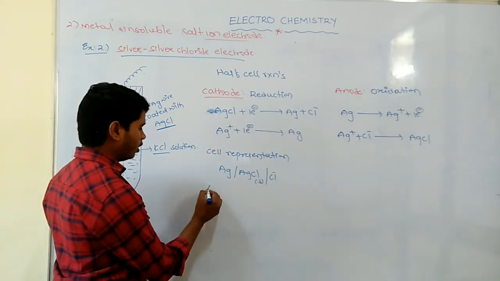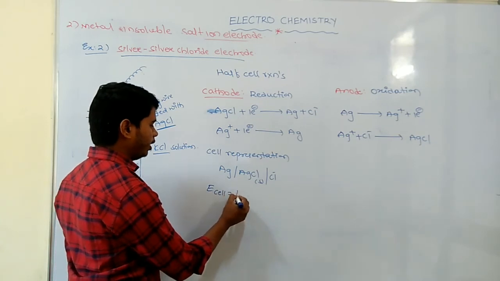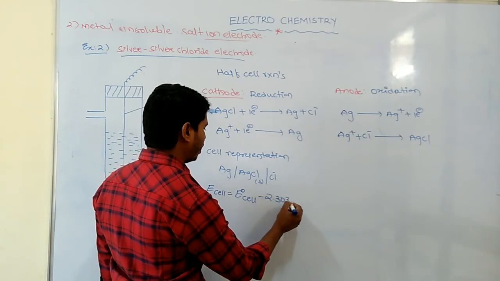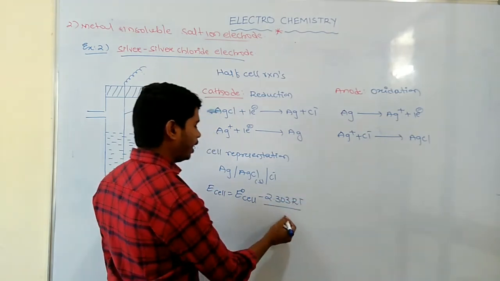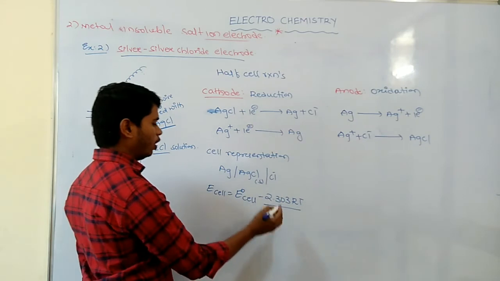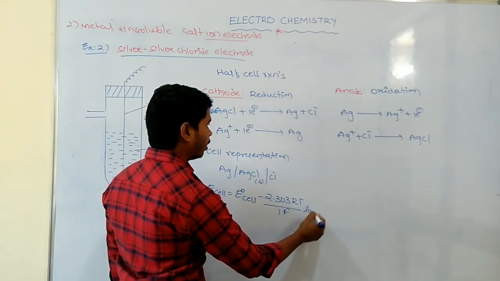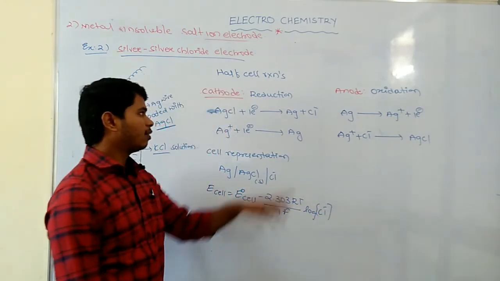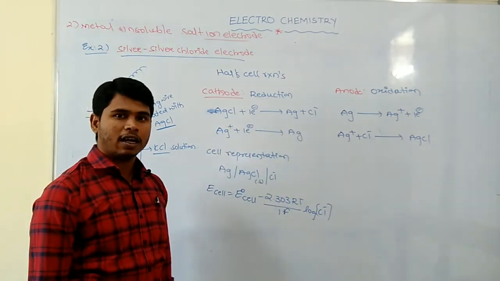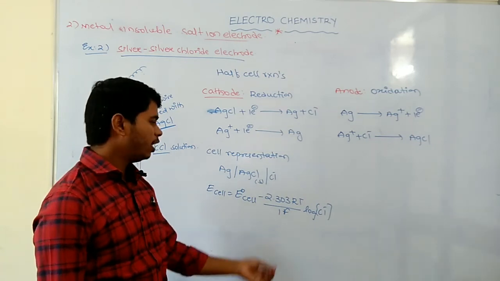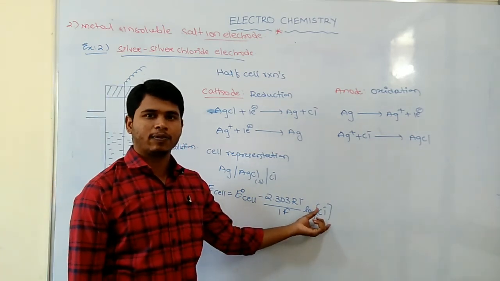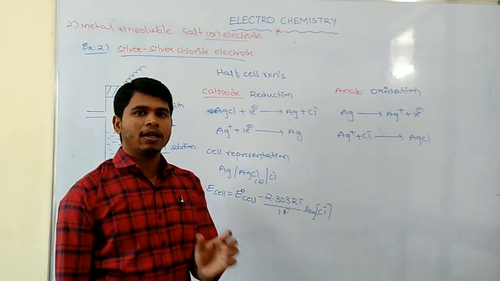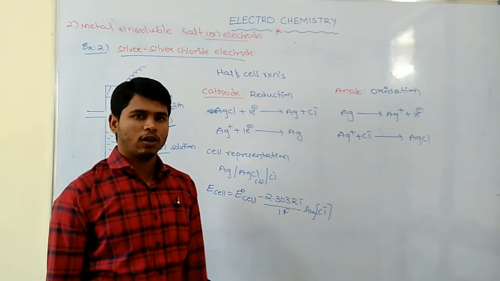The cell potential of this half cell is calculated from the Nernst equation, that is E cell is equal to E naught cell minus 2.303 RT by nF log concentration of products by concentration of reactants, where n is the number of electrons, only 1, and F is the Faraday constant. But we can only consider the ions. Concentration is related only to the aqueous solution, where the metal concentration change is equal to 1.